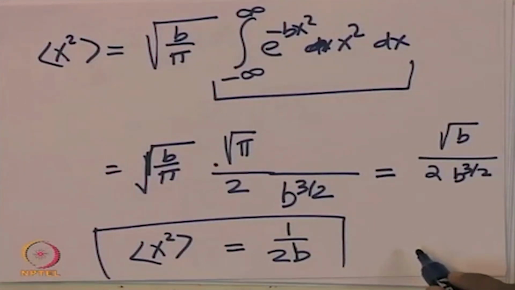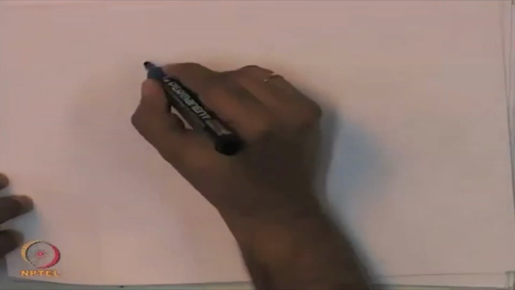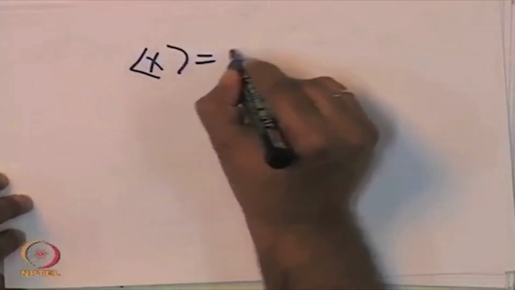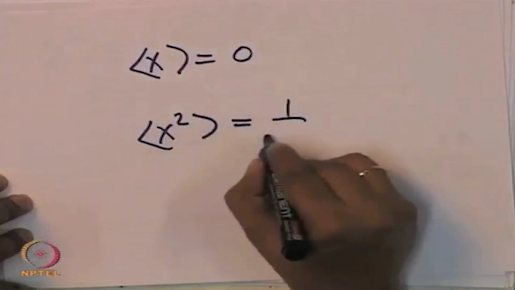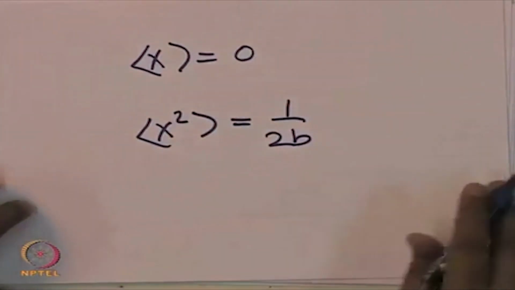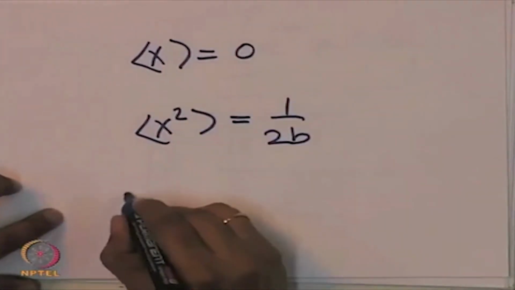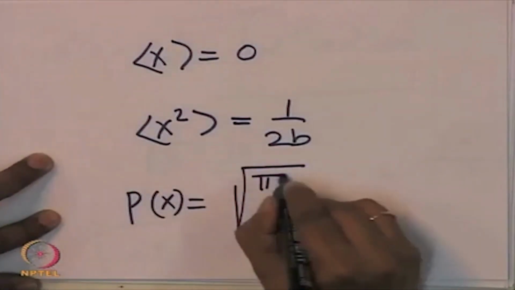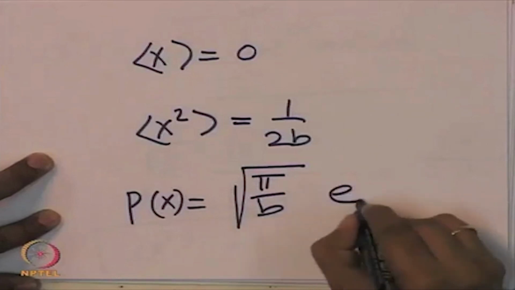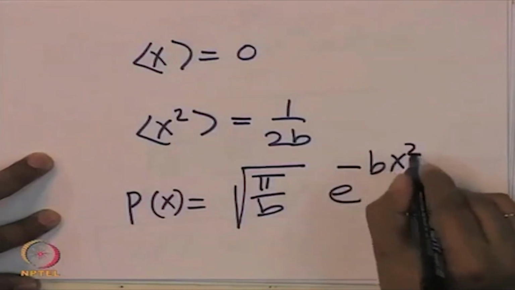So, x average is 0, x square average is 1 over 2b, and we have p of x is root of pi by b e power minus b x square.